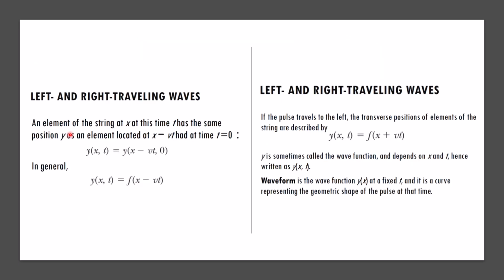An element of the string at x at time t has the same position y as an element located at x minus vt at time t equal to 0. So in general, based on these equations, if the pulse travels to the left, the transverse positions of the elements of the string are described by this equation.